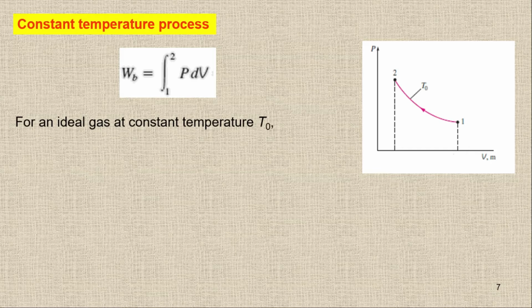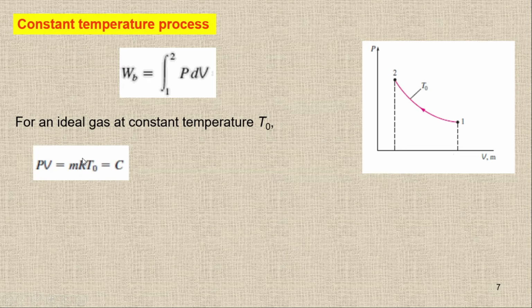For an ideal gas at constant temperature, let's suppose T naught, as we know, PV is equal to mRT. I'm talking about the ideal gas. We are talking about a closed system, so the mass will be the same, there will be no mass change. R is a constant value, the gas constant, and T is constant because we are talking about a constant temperature process.